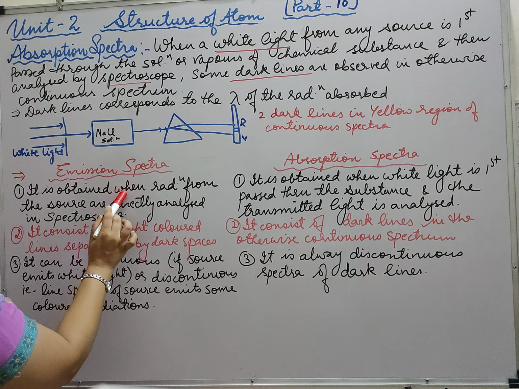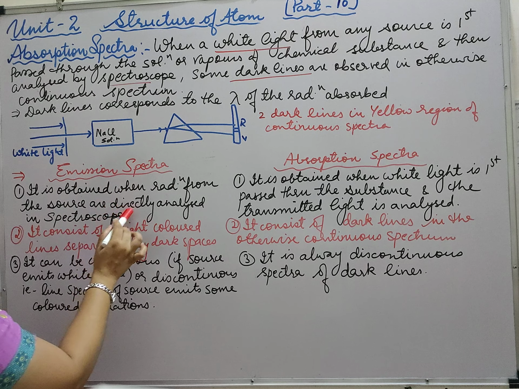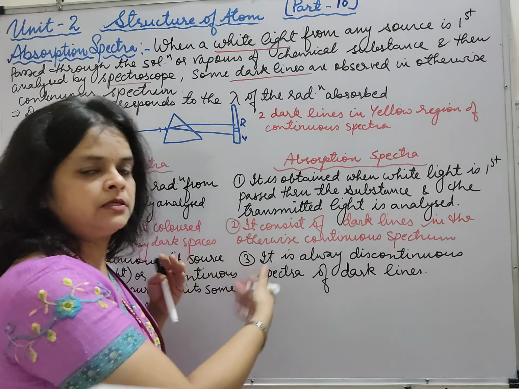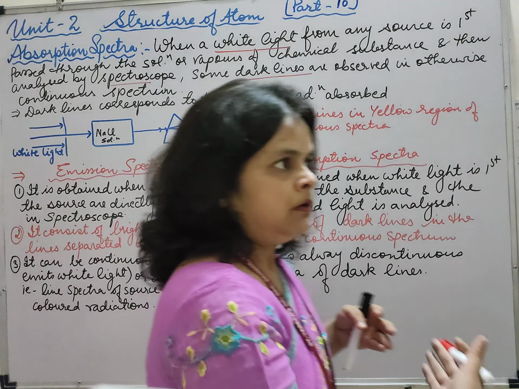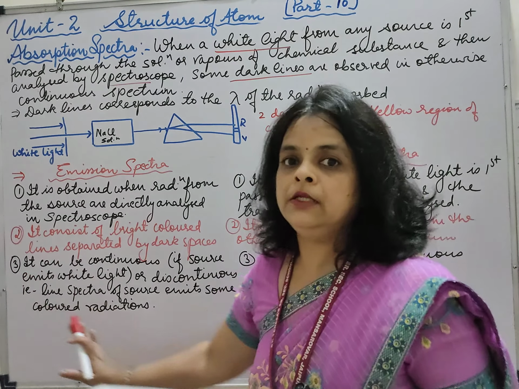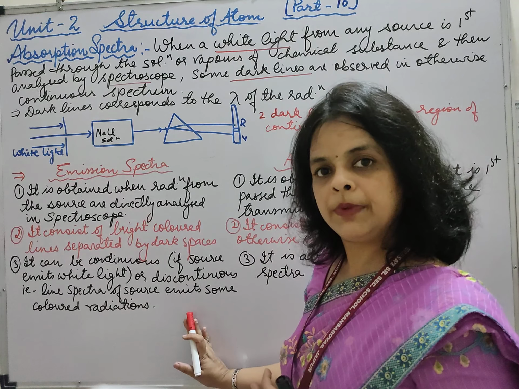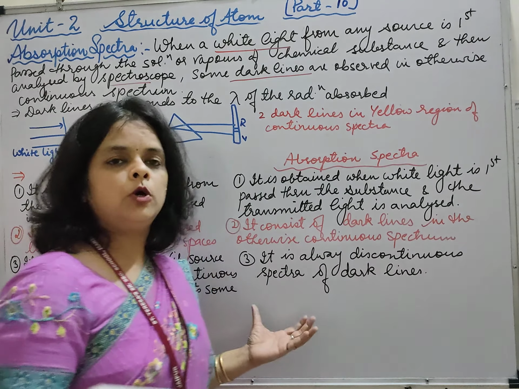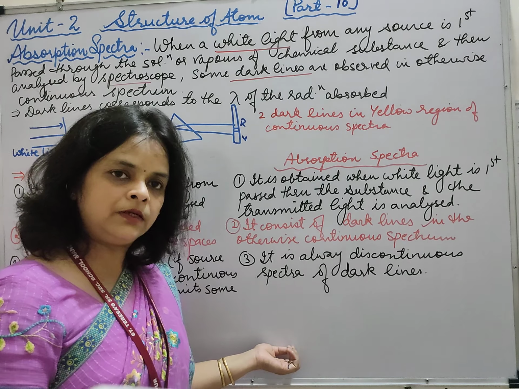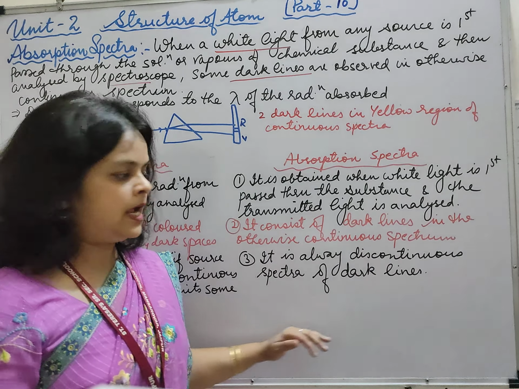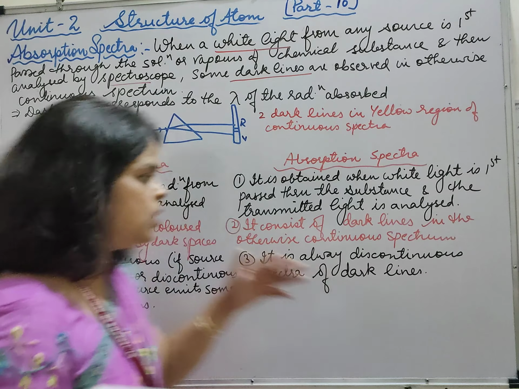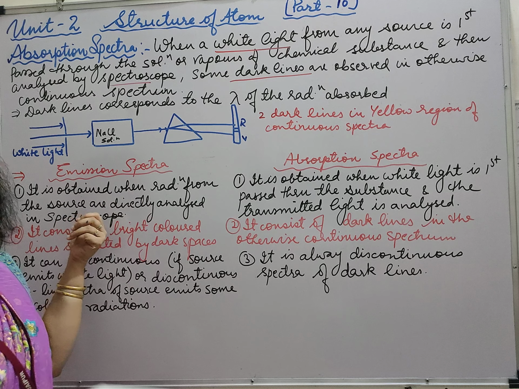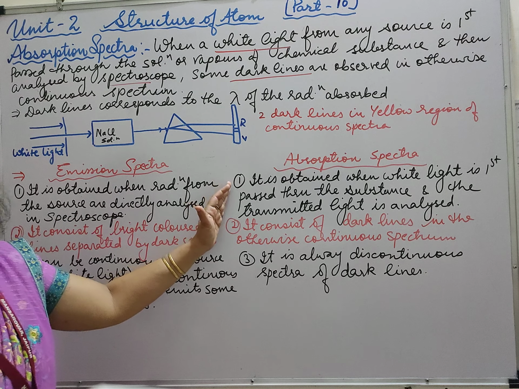The emission spectrum is obtained when radiations from the source are directly analyzed in the spectroscope. In the previous one we had seen that when white light was directly passing through the prism, splitting was taking place and we got a continuous spectrum. In the line spectrum, we had excited the vapors of NaCl, and they were emitting radiations, and those radiations were analyzed. So we are saying it is obtained when radiations from the source are directly analyzed in the spectroscope.